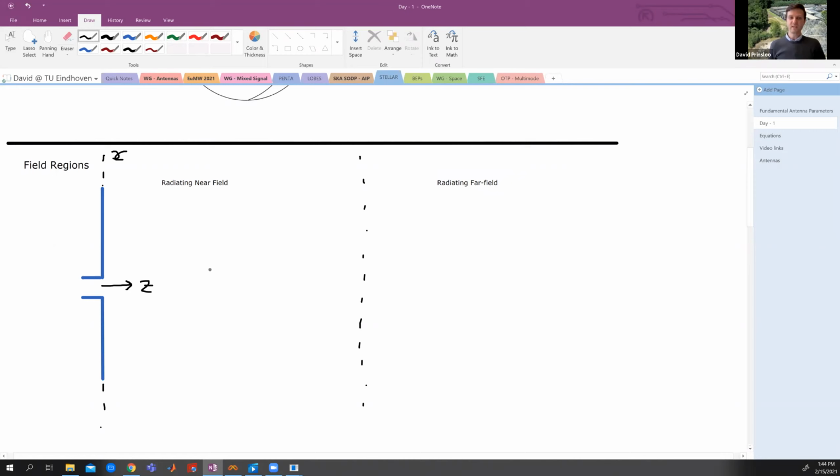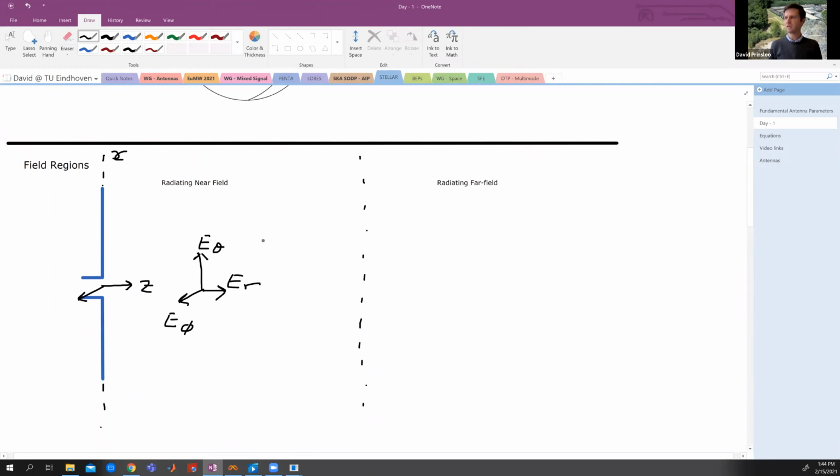If we are in the radiating near field, we have an E theta component. Let's say the y-axis is perpendicularly out of the board. We have a phi component and a radial component along the z-axis.